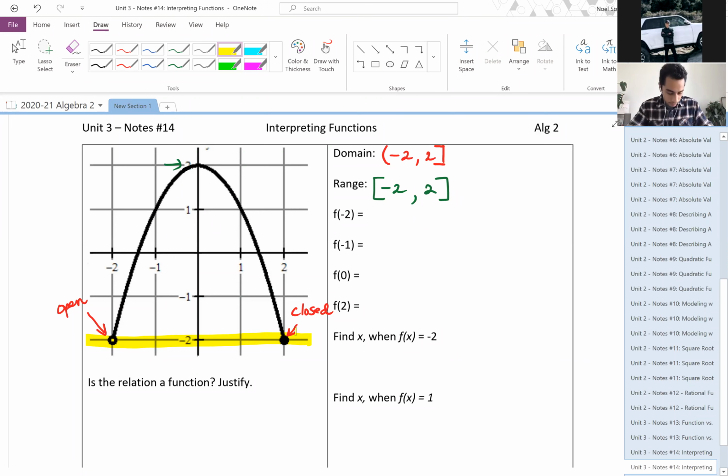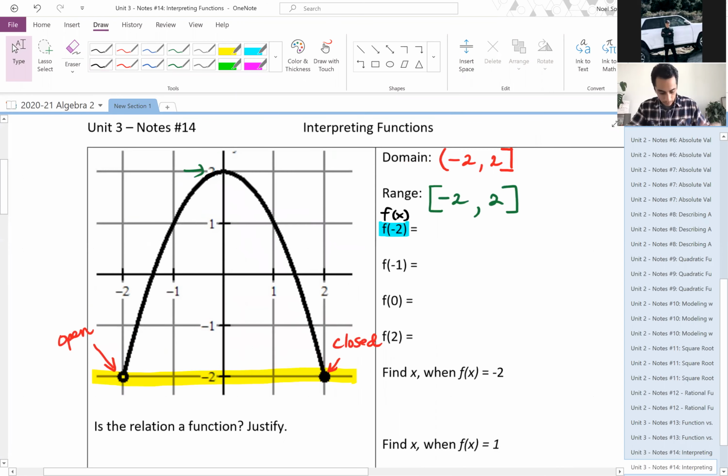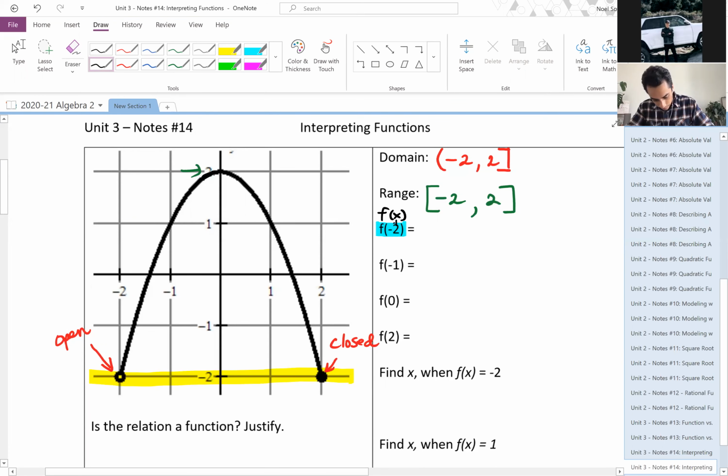Okay. All right. So now let's talk about what this represents here. This notation can be a little tricky. It's asking for f of -2. Now you've probably seen something like f of x, right? So this is basically telling us my x is -2. So when my x is -2, what is the output?